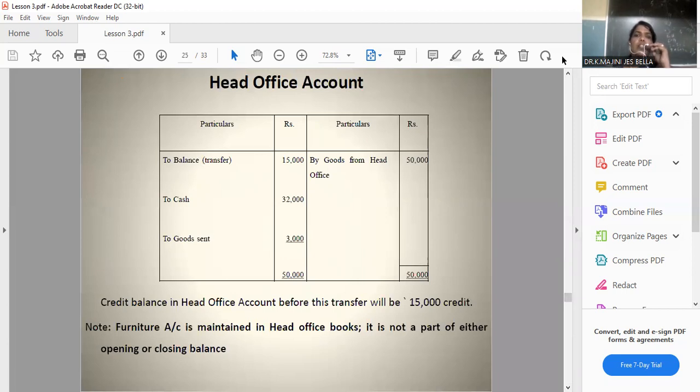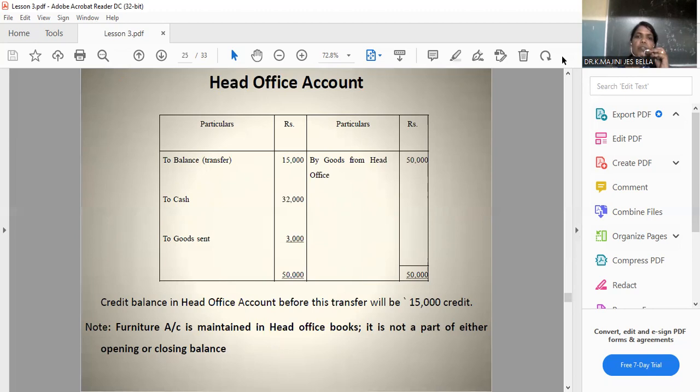Next, we can see the head office account. Okay. In the head office account, you have to write it the debit side, particulars column and the amount column. The credit side also you have to write it, particulars column and the amount column. Then balance transfer is there 15,000. We have to write it here in the head office books. Cash 32,000. Goods into branch 3,000. Okay.